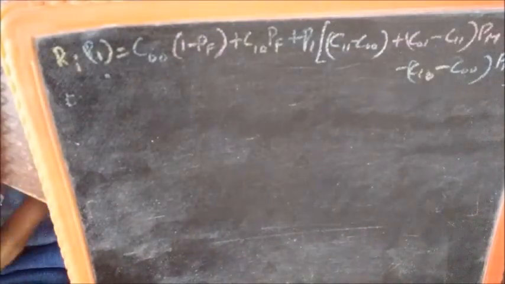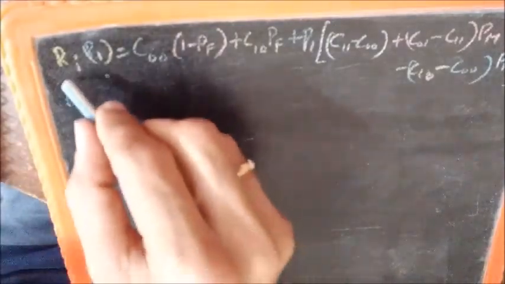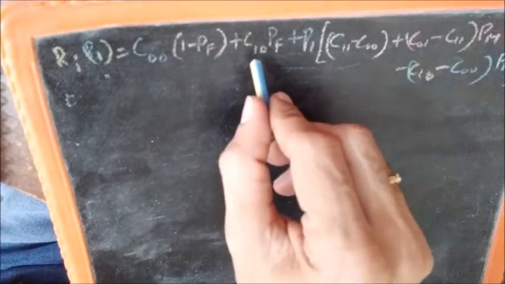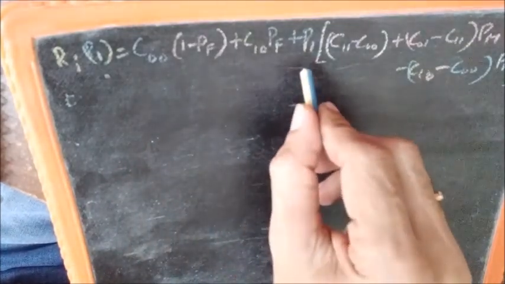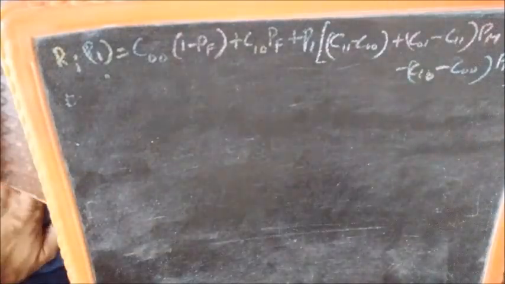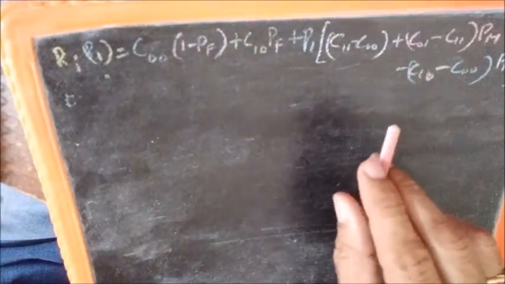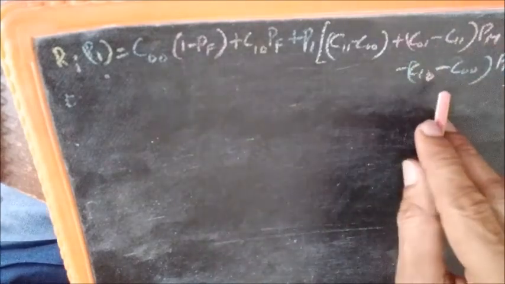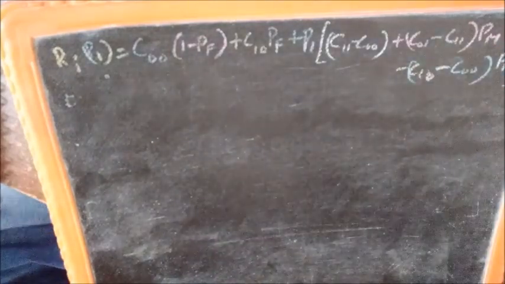So as we saw just now, the risk as a function of P1 is C00(1 minus PF) plus C10 PF plus P1 the whole multiplied by (C11 minus C00) plus (C01 minus C11) PM minus (C10 minus C00) PF.